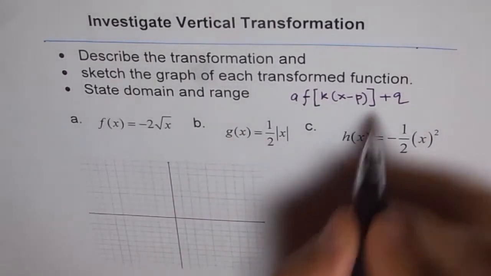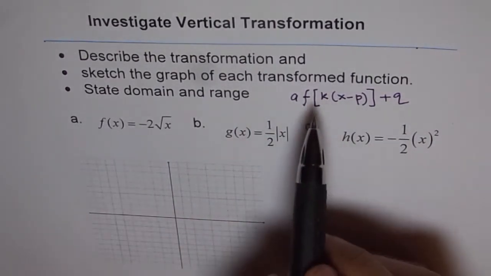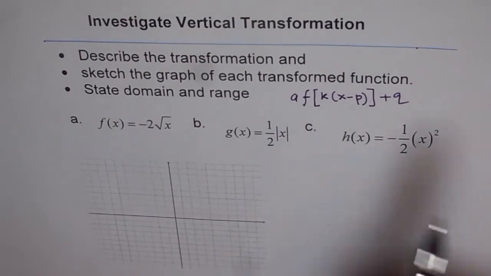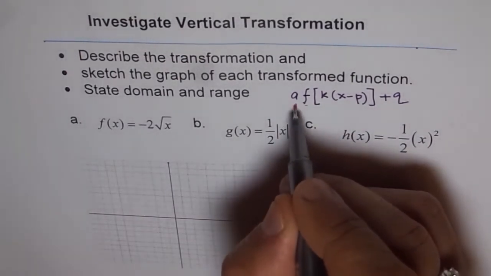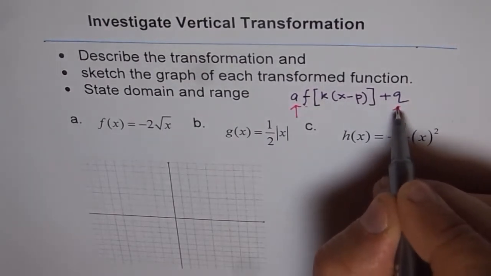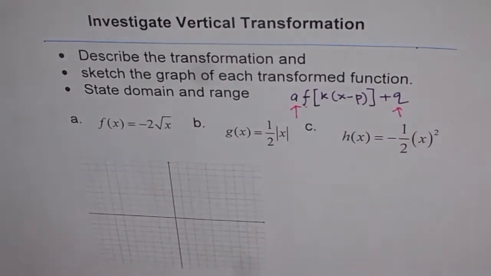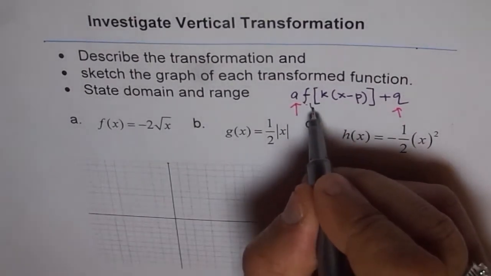So that is a transformed function. In this transformed function, this we call inside. These are my outside points, a and q. These are outside the function, which is inside. This is what I'm saying, function of something here, right?